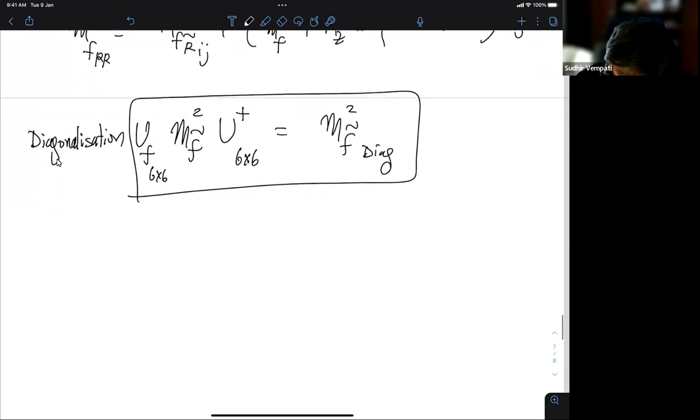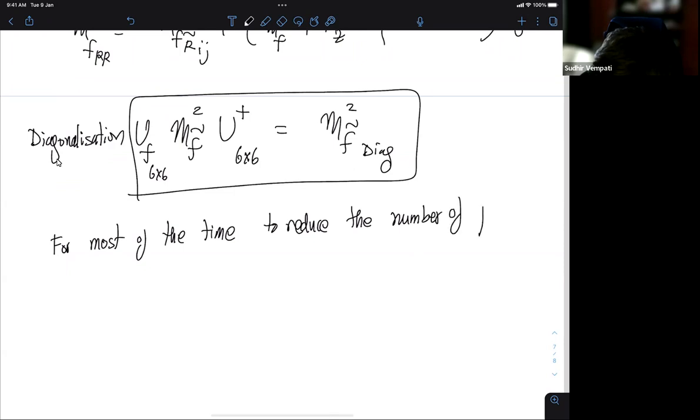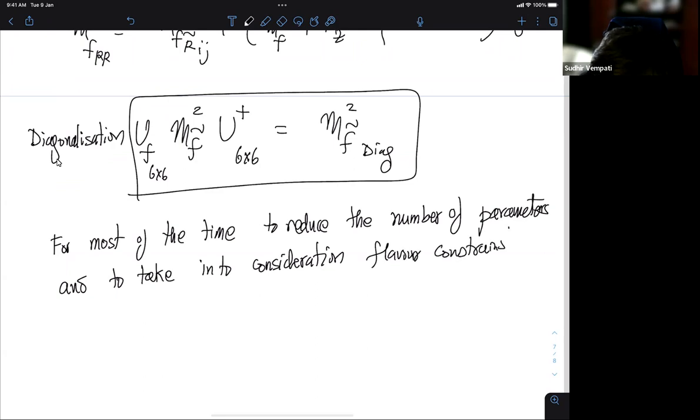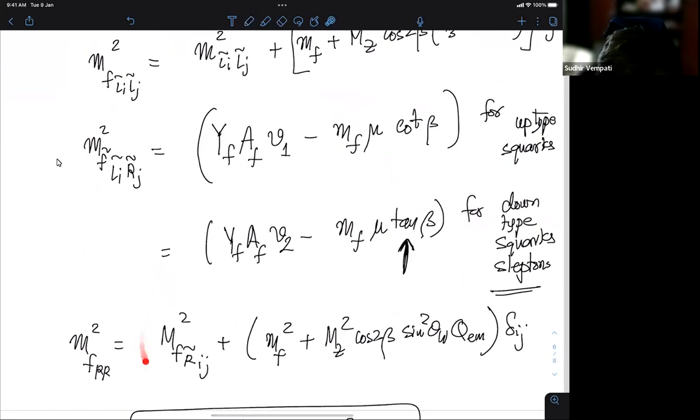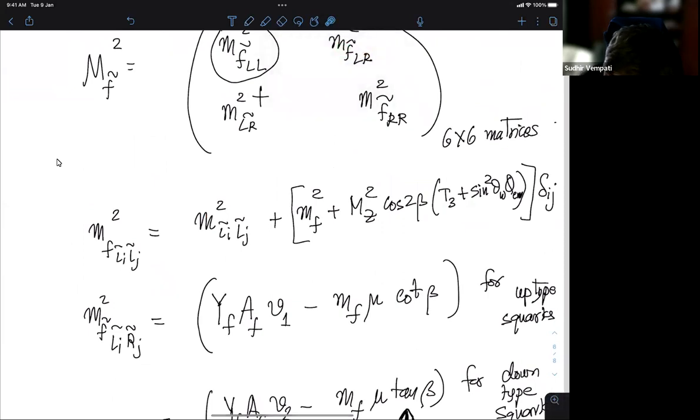But for most cases, what we do, most of the time, to reduce the number of parameters and to take into consideration flavor constraints, is set these soft terms, all these soft terms, proportional to delta ij.